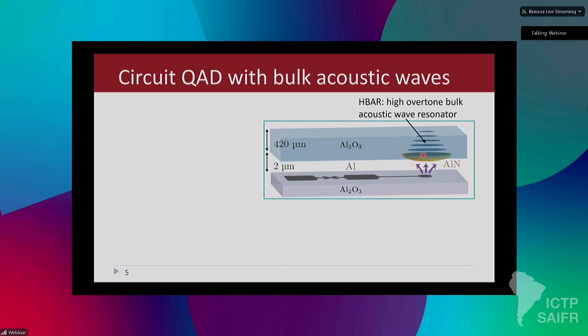In our case, we also pattern a piezoelectric material, which is important for transducing the quantum information between the qubit and the acoustic modes. And in addition, we make it into this curved surface. And again, here the analogy is just to an optical cavity. In order to have a stable Fabry-Perot cavity, right, you need at least one curved surface, and that's what we have here.